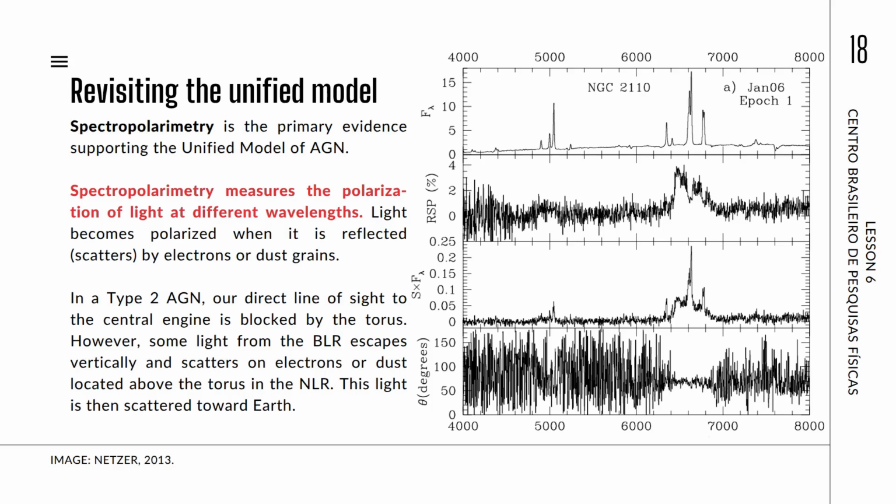We cannot see them directly, but they are there, and we can find them with spectropolarimetry. Clear? So I think this is by far the major evidence supporting this inclination issue of the unified model of AGNs.